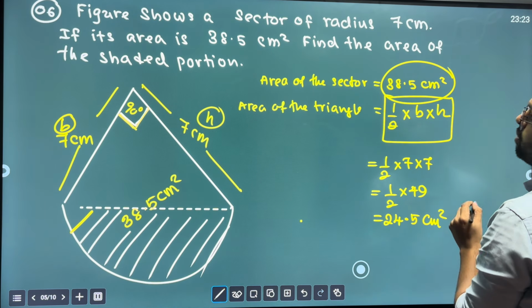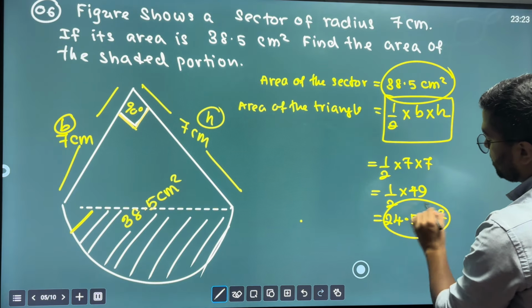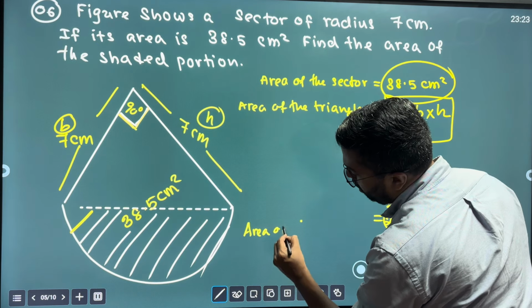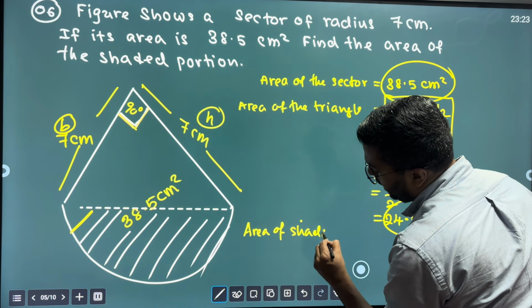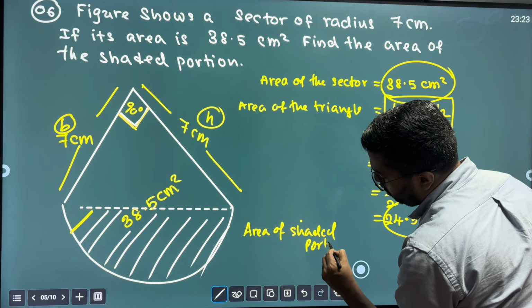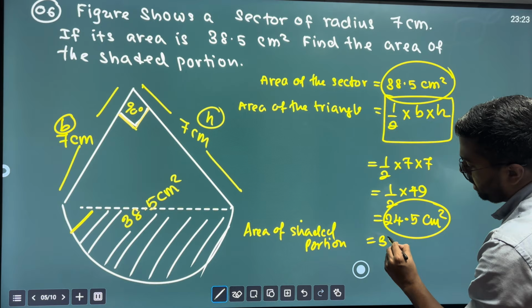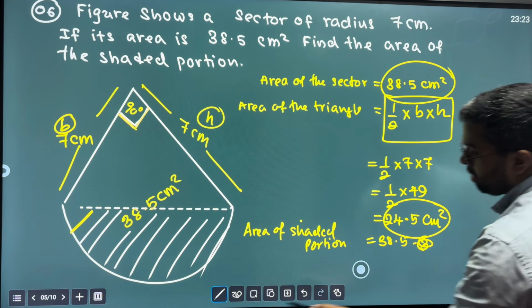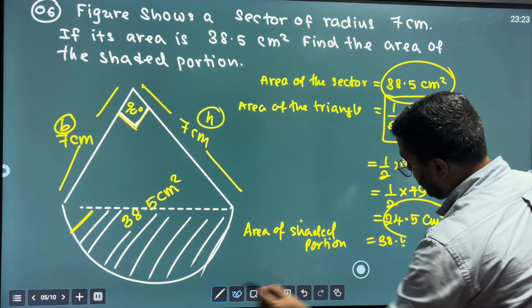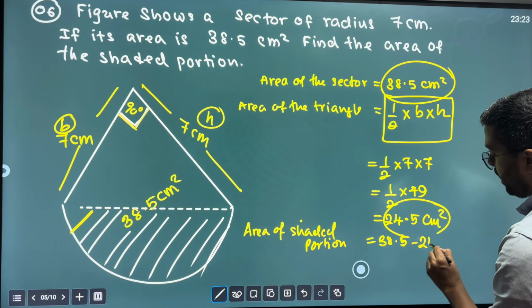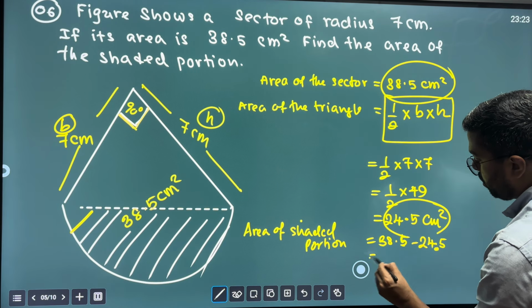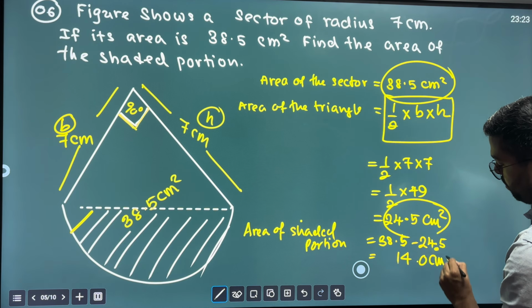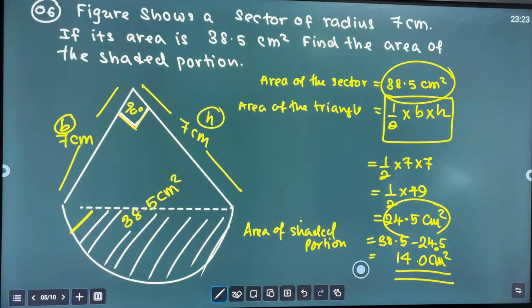Asking us to find out the area of the shaded portion, the difference between these two. Area of shaded portion, right? 38.5 minus 24.5, here you go, this is 14 square centimeters.